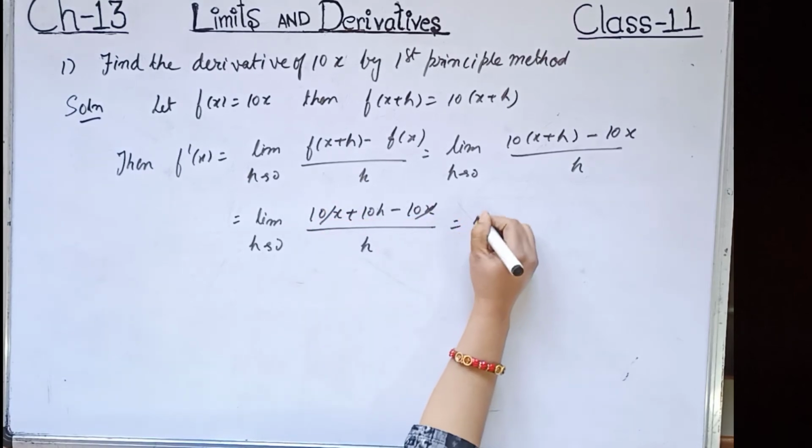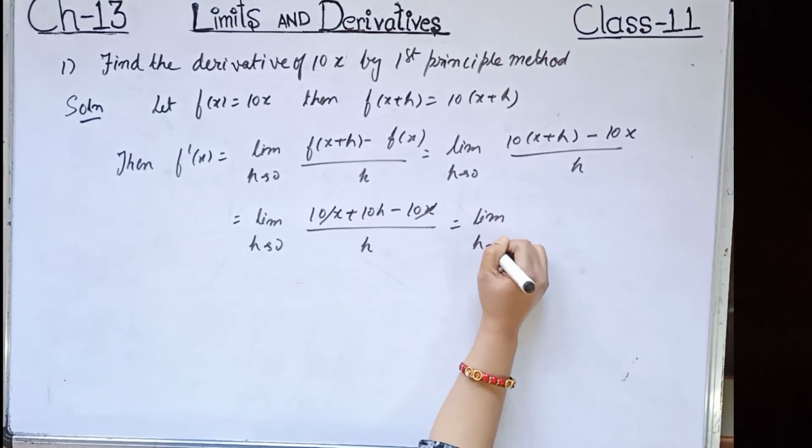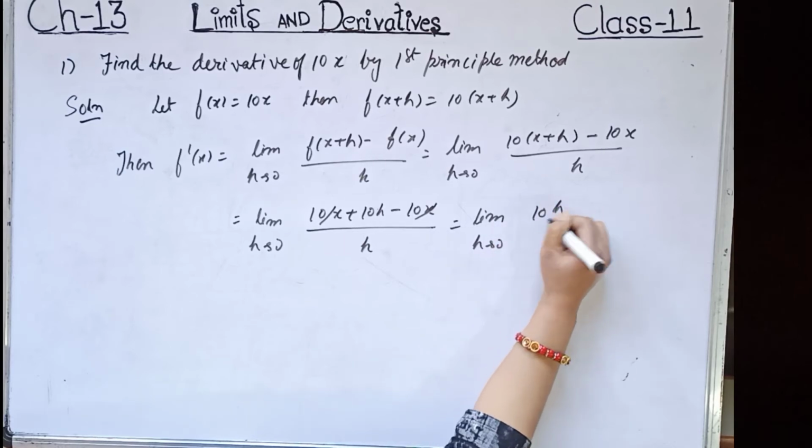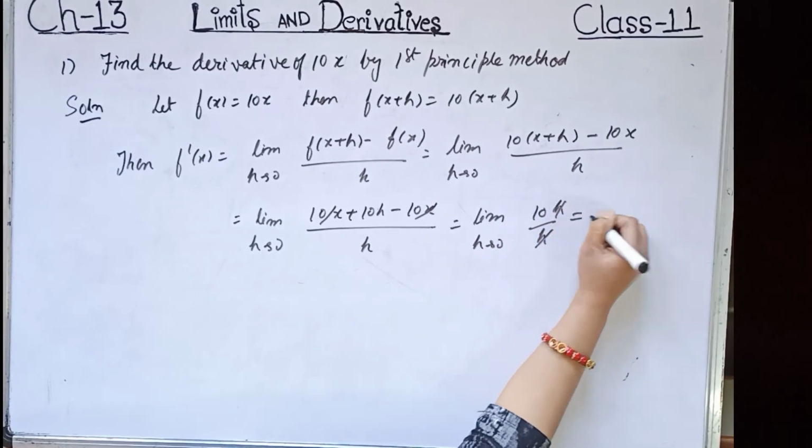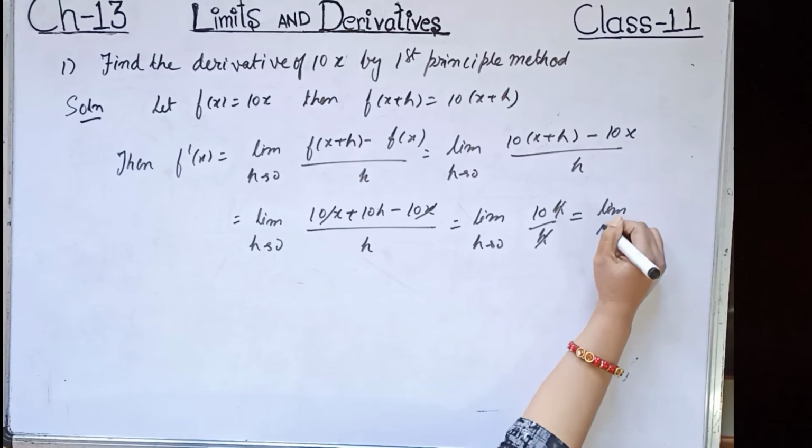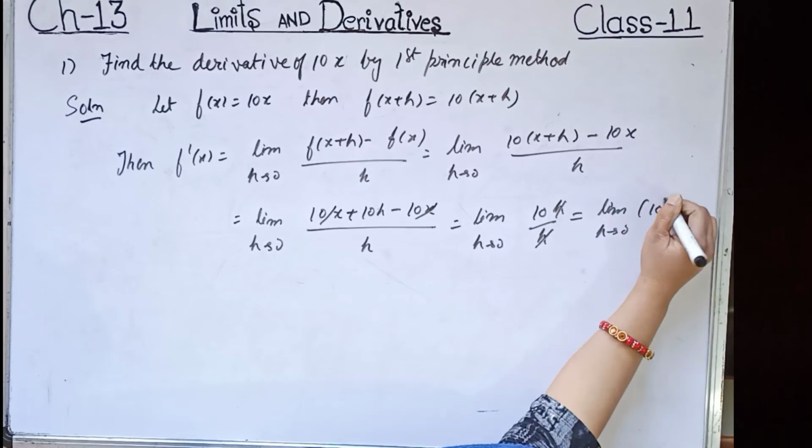These two will be cancelled. Limit h tending to 0 10h by h, this h is cancelled, and we are getting limit h tending to 0 10.